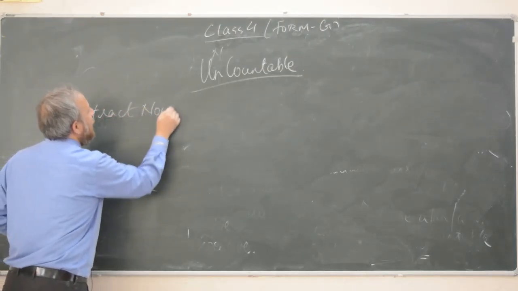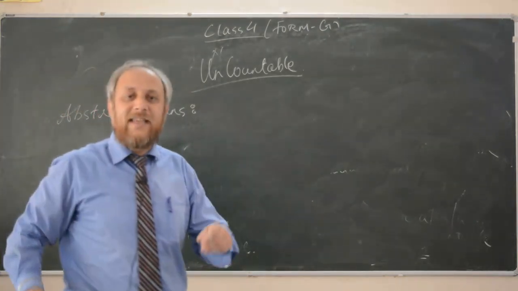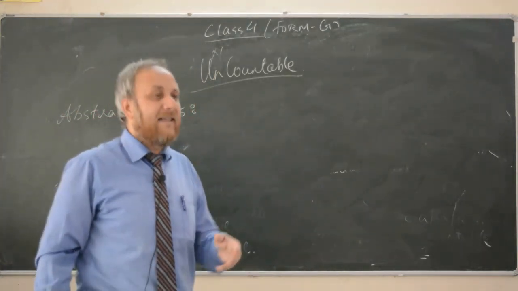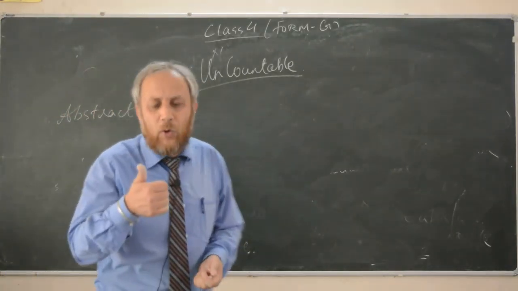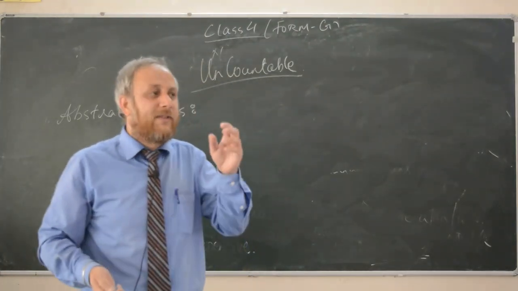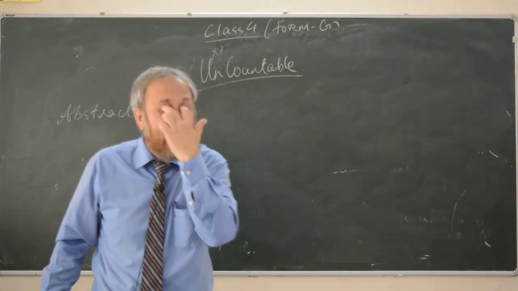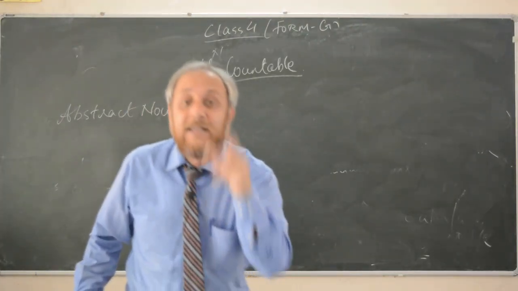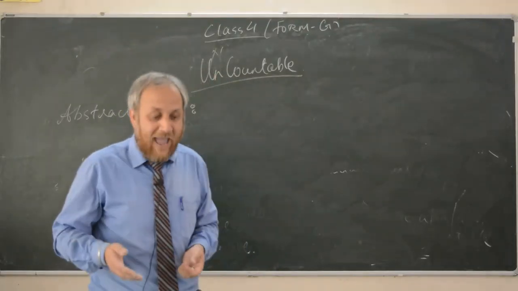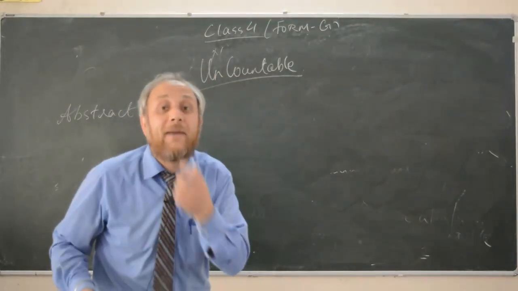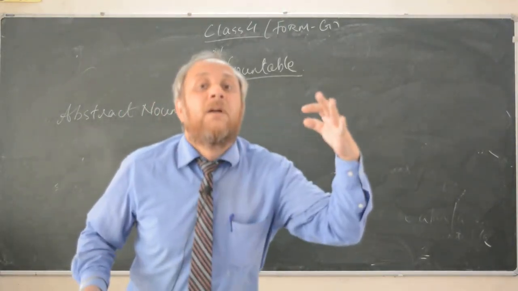Uncountable nouns, kids, are abstract nouns. Remember, I've already spoken about abstract nouns. These are nouns where you cannot use your 5 senses. These nouns cannot be touched, cannot be seen with your eyes, cannot be heard, cannot be tasted, and cannot be smelt.